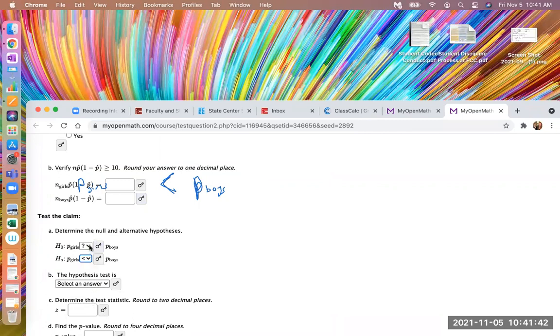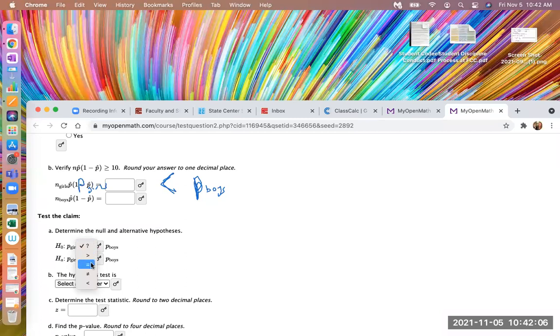And then the null is always opposite of what the alternative hypothesis is. So you identify the alternative hypothesis and then you identify the null hypothesis. Some people always just say it's equal, because equal is sort of opposite of strictly less than.